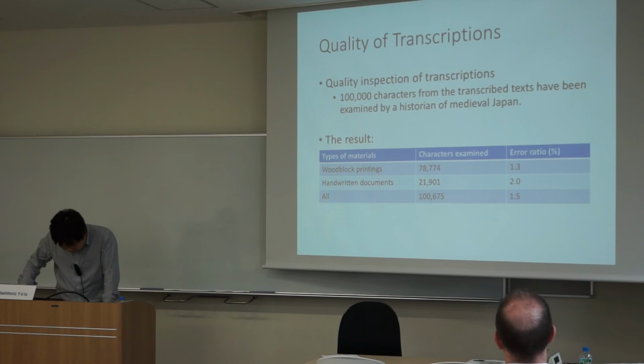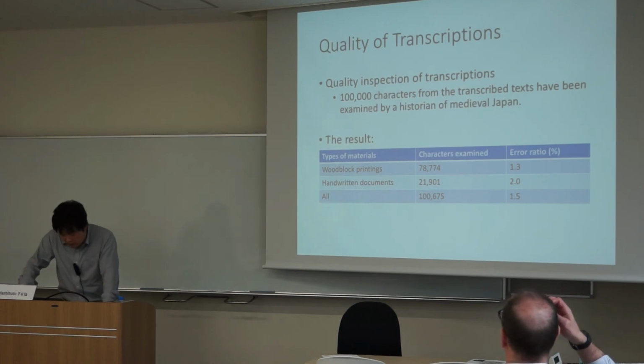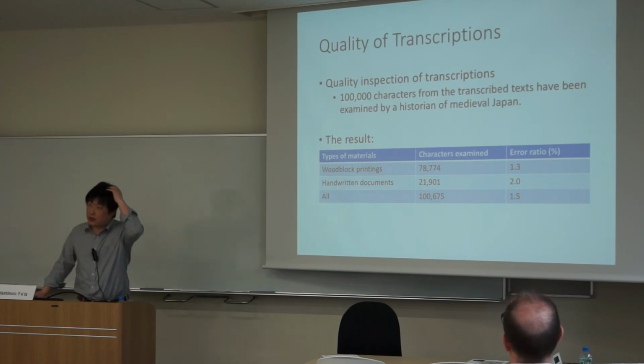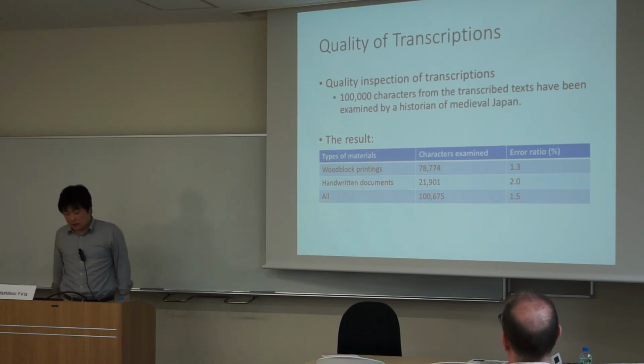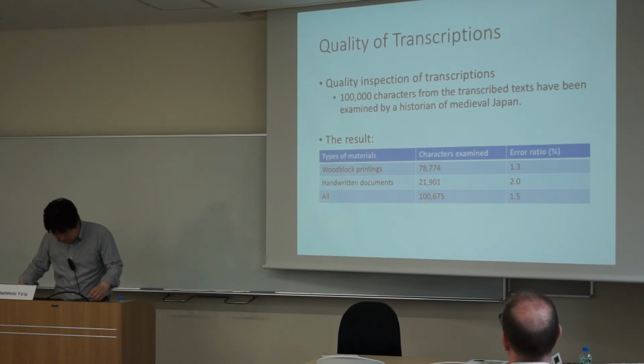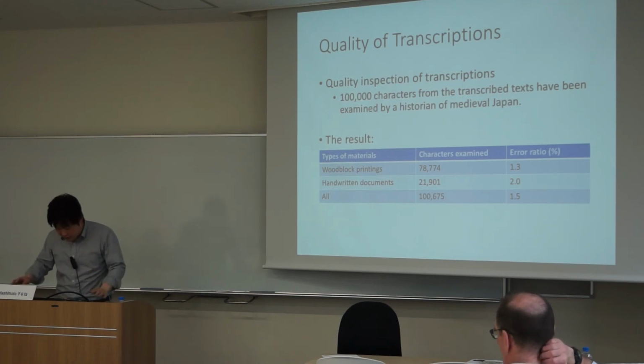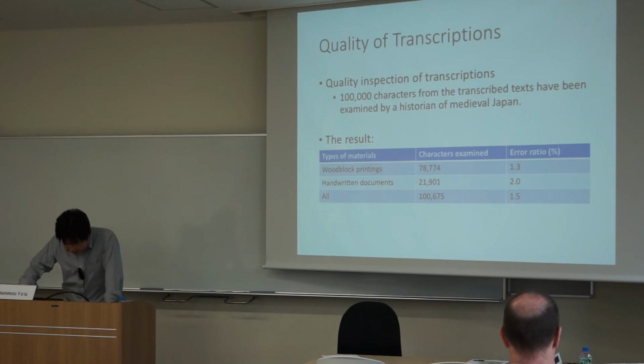On average, the error ratio of the transcribed text is 1.3 characters out of 100 in the case of woodblock-printed documents.